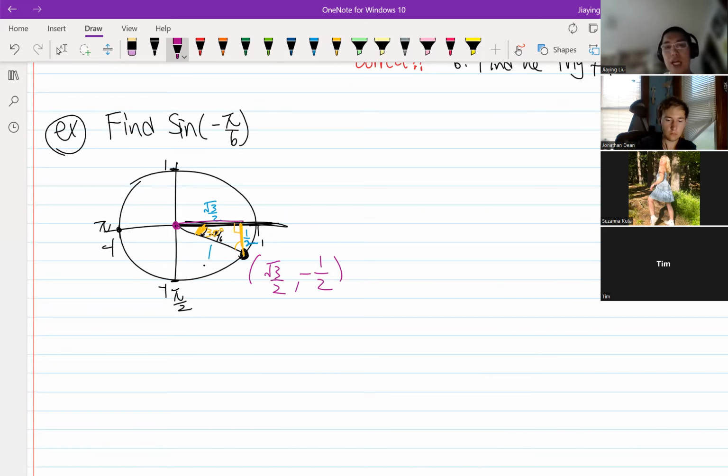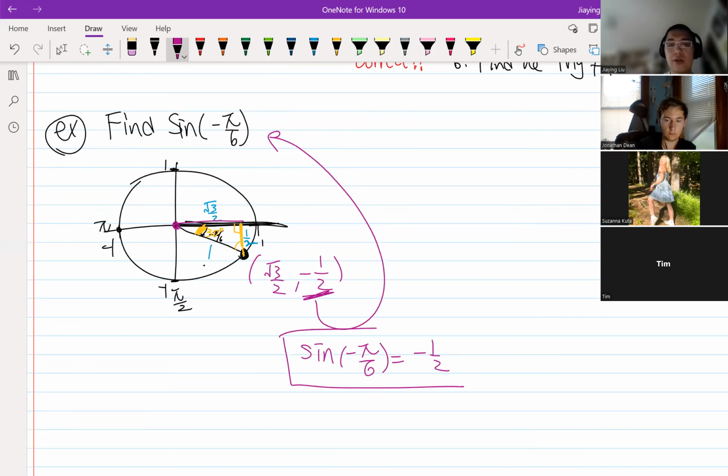If I want sine of negative pi over 6, that's the y coordinate. This is my sine. So sine of negative pi over 6 equals negative 1/2. You're probably thinking, oh, that took a while. It is true in some sense, but there's really no calculation, just memorization.